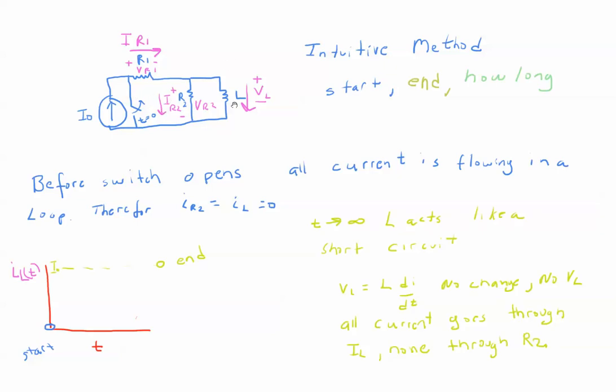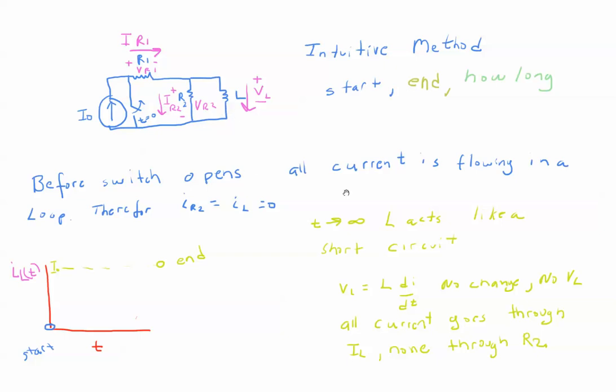That's pretty easy too. After the switch is open, all the current goes through R1 and then it's distributed between these two depending on the change in current and the change in voltage.